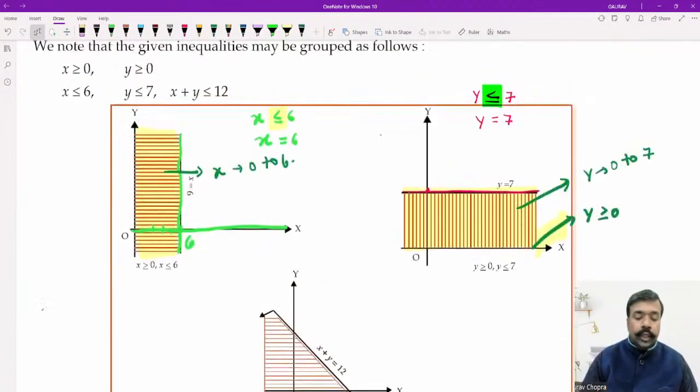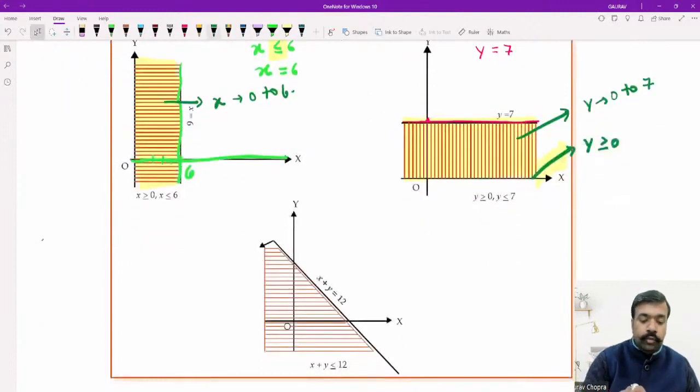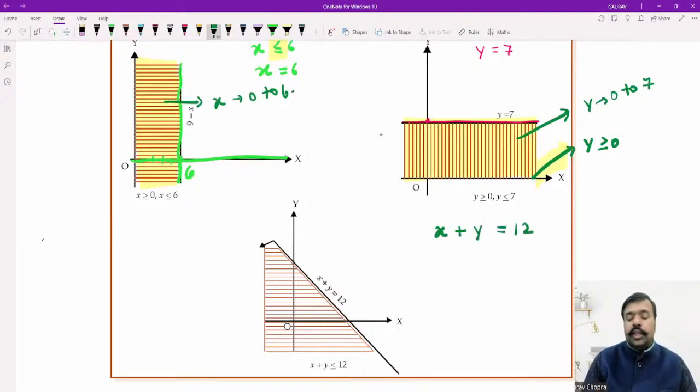Okay, now the next equation, which is x plus y is less than or equal to 12. Whenever there are two variables, we have to form the table first. So we write x plus y, removing the inequality sign first, so it becomes x plus y equal to 12. Now we can take different values.